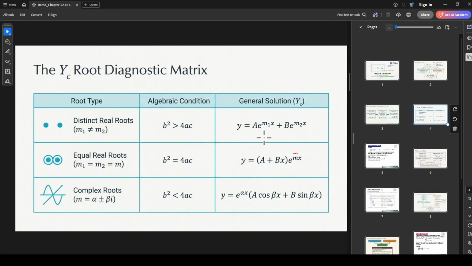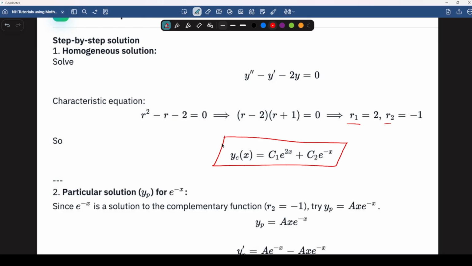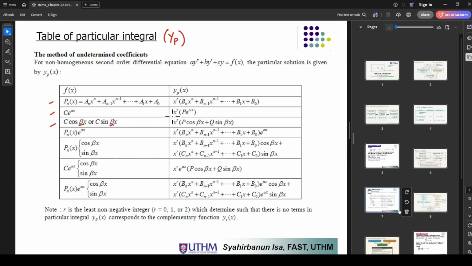y equals a times e to the power of m1 x plus b times e to the power of m2 x. And for the non-homogeneous part, yp, in this case, e to the power of negative x. For an exponential, the general form for yp will be x to the power of r times a constant times e to the power of alpha x, where r refers to a number from 0, 1, and 2.